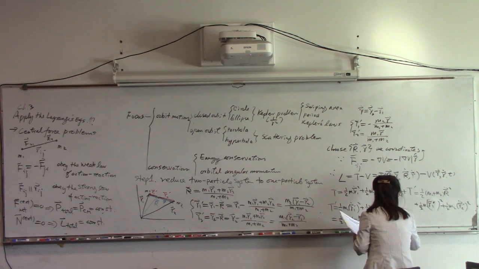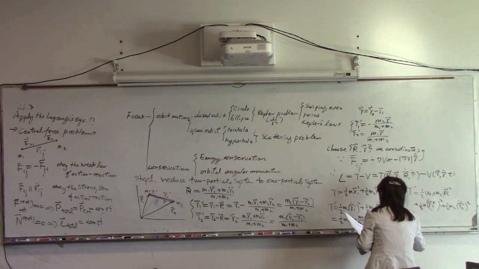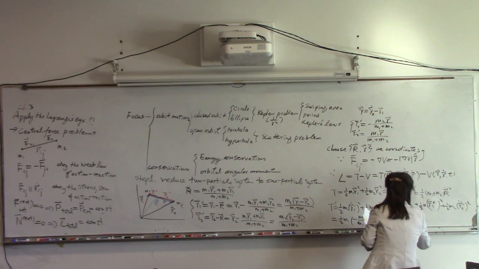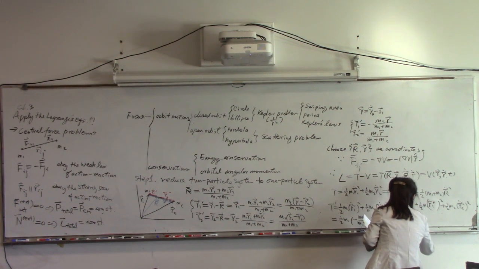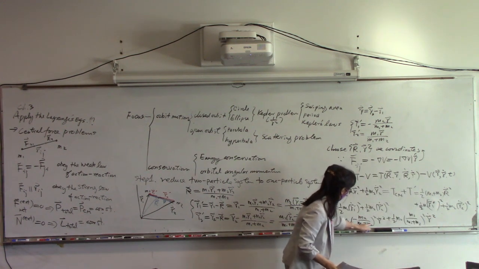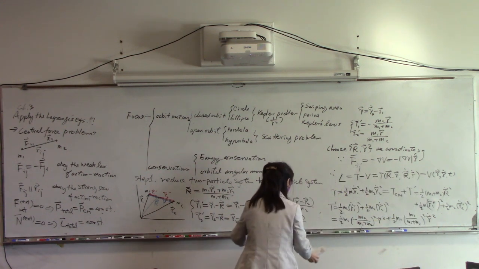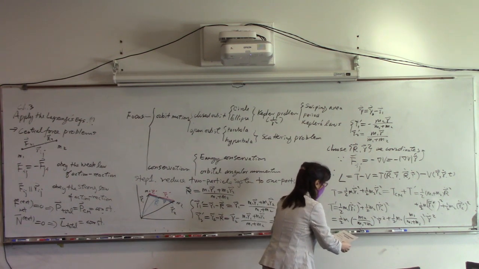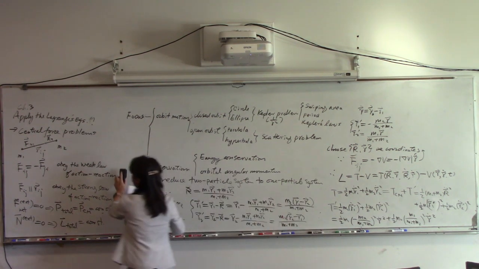And the second one is half of M2 times M1 over M1 plus M2, squared, times R dot squared. Then you can try to combine them together. Now let me give you the final space here.